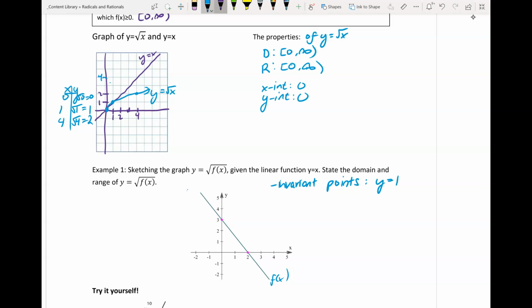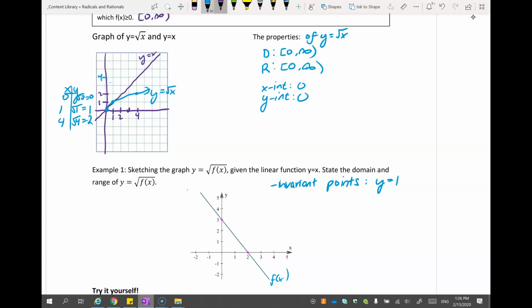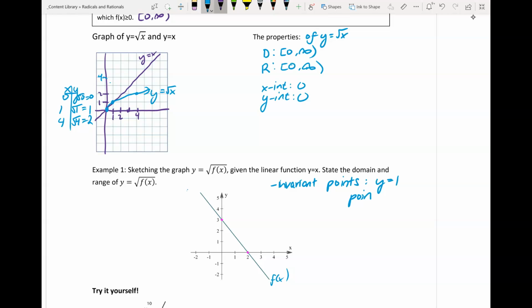y equals 1, because if you take the square root of 1 for your y value, you're still going to get 1. So that point doesn't change. And the other ones are points along the x-axis. So we are going to graph these first.